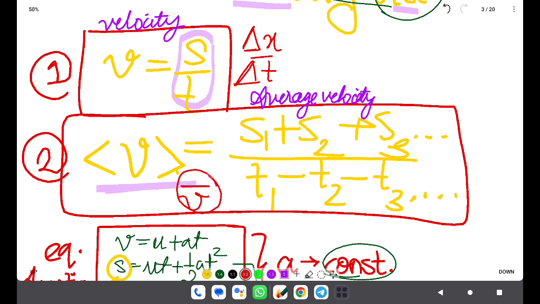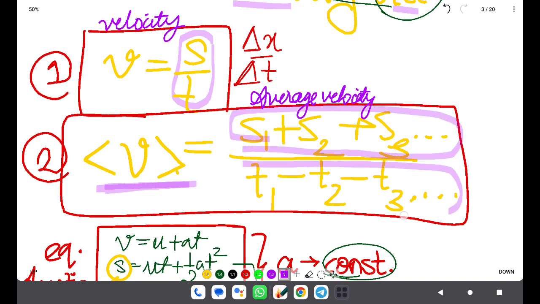So you can also denote it in this way. Average velocity is the total distance covered by the total time taken. Very simple. You have been studying this from class 7 only.